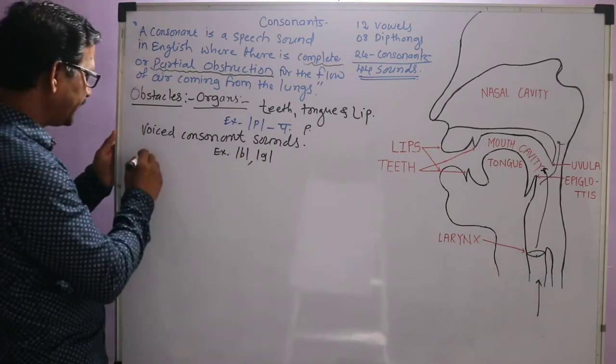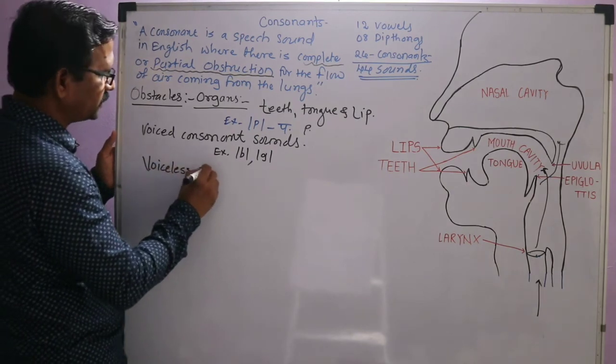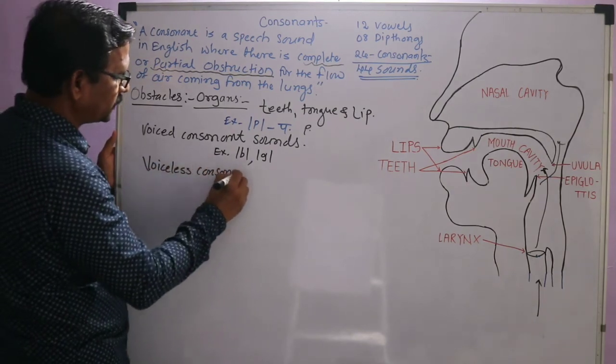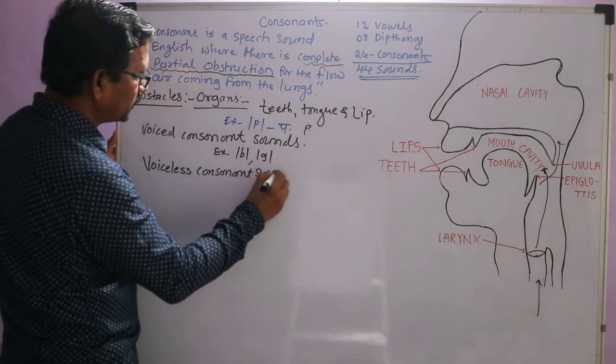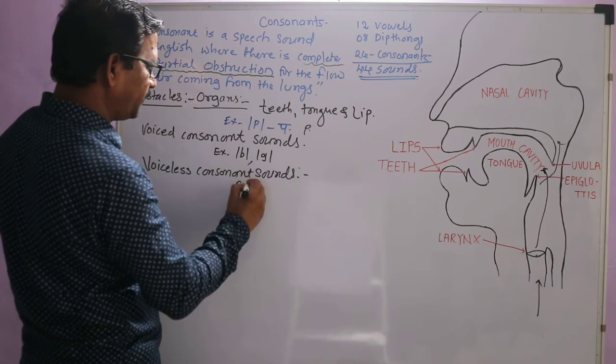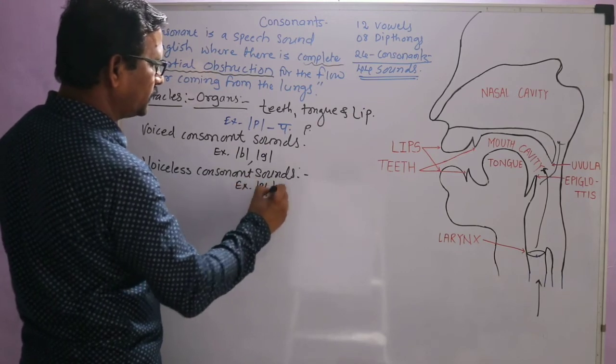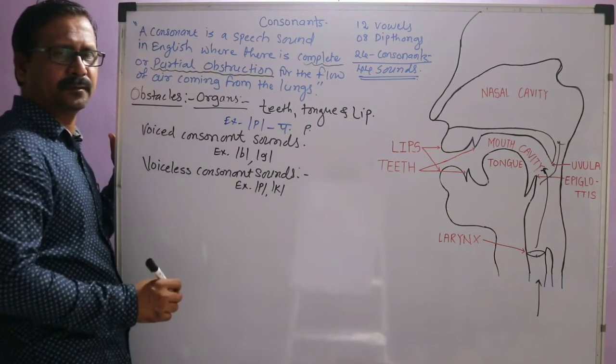We have some voiceless consonant sounds. As we have one example here, for example, p, k, and t.